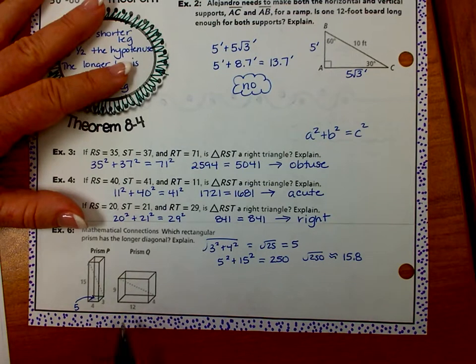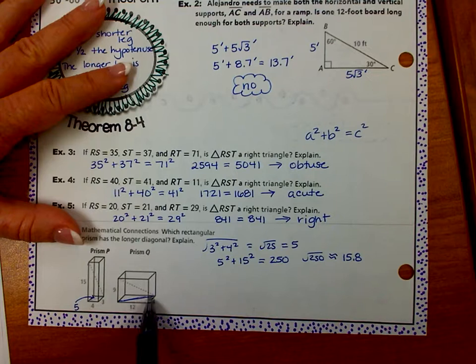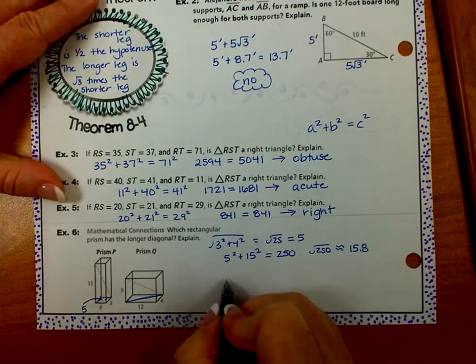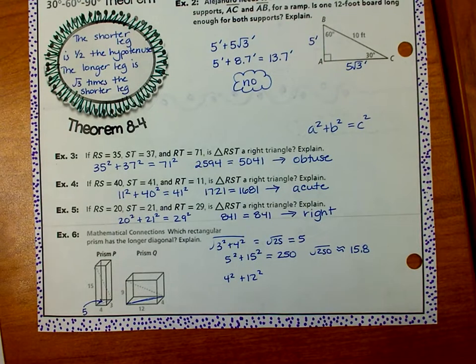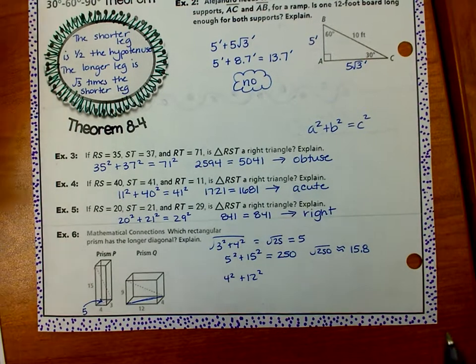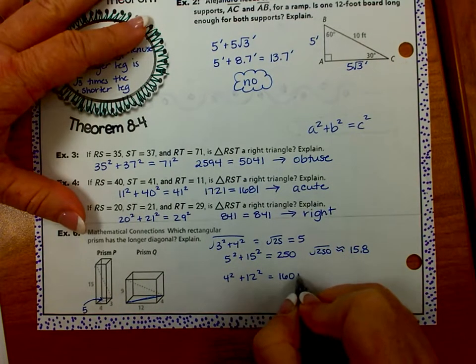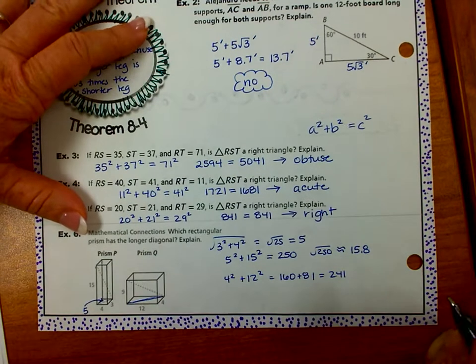Okay, now we're going to do the same thing for this one. Front corner to back corner, so it's crossing the plane right here. So we want this side squared plus this side squared. So we've got 4 squared plus 12 squared, and that's going to be 160 plus 81, which is about 241.